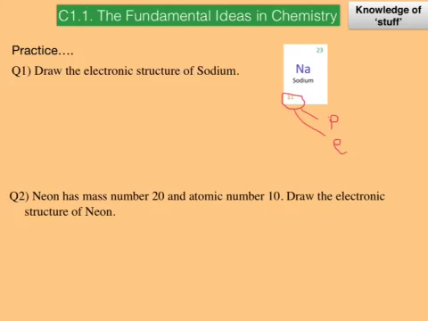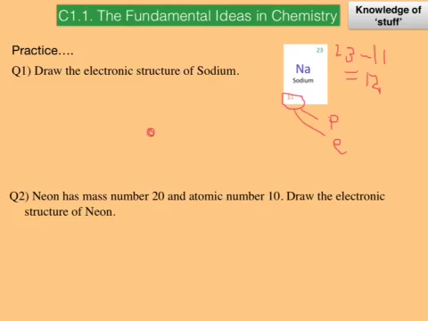To work out the number of neutrons, we do the top number and we take away the bottom number. Okay, so in this electronic structure we've got an atom with 11 protons, 11 electrons and 12 neutrons.